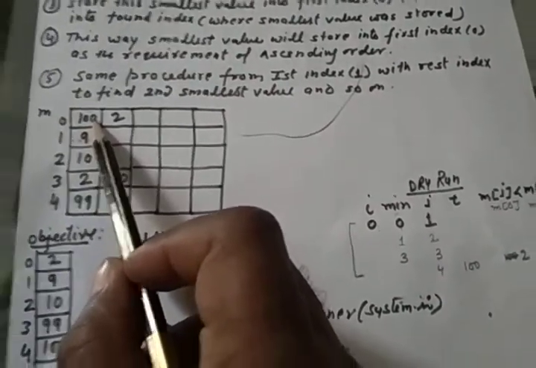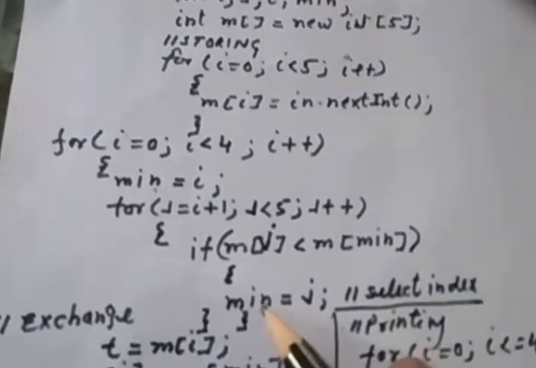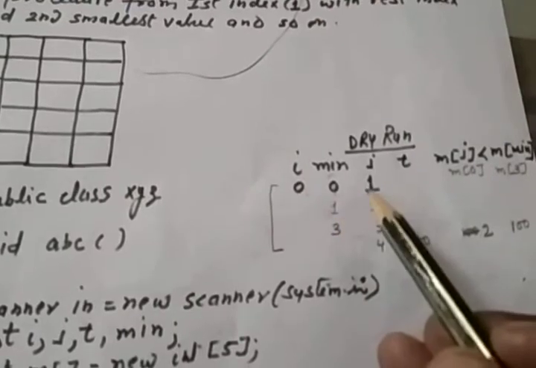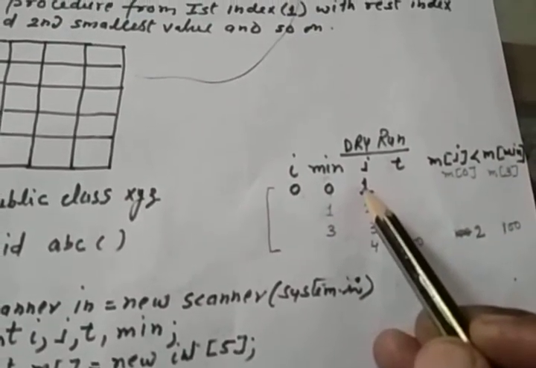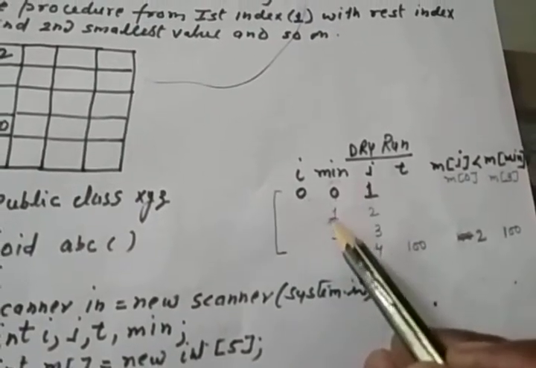Yes, so if it is true, min is equal to j. What was in j? There was 1, so in min 1 will come.